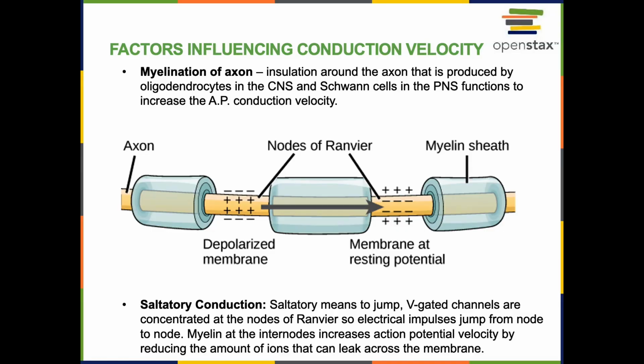And the voltage-gated ion channels are concentrated there at the nodes of Ranvier, enabling the mechanism of saltatory conduction, where the action potential will jump from one node of Ranvier to the next node of Ranvier. The myelin at the internode spaces will increase the velocity of the action potential by preventing ions from leaking out of the axon.